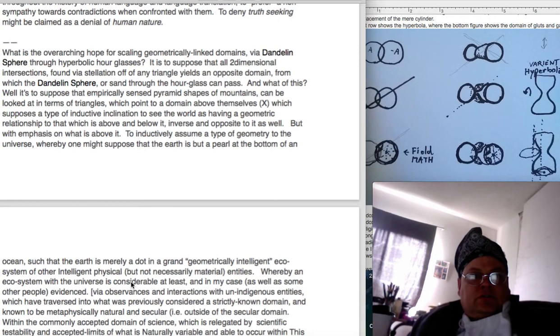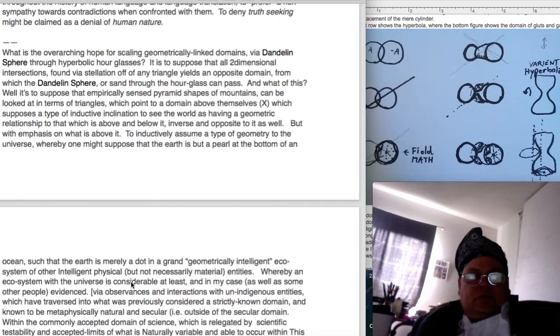Well, it is to suppose that empirically sensed pyramid shapes of mountains can be looked at in terms of triangles, which point to a domain above themselves, like an X, which supposes a type of inductive inclination to see the world as having a geometrical relationship to that which is above and below it, inverse and opposite to it as well, but with emphasis on what is above it.